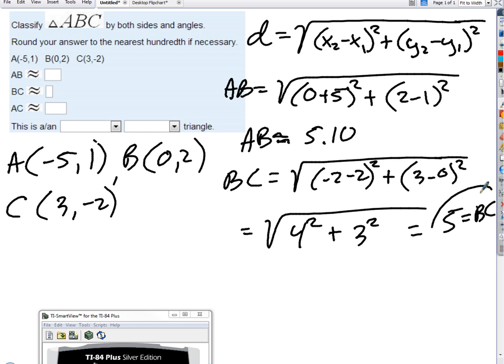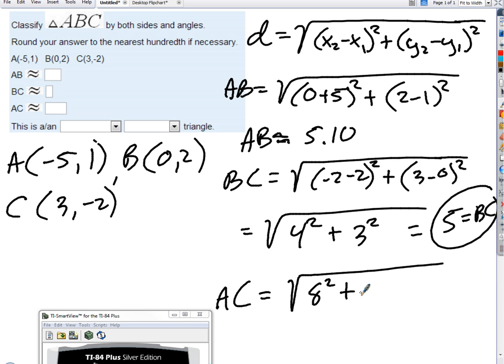And then how about AC? So AC looks like it's going to be 3 minus negative 5, so that's 8. Agreed? 8 squared plus negative 2 minus 1 is what? Negative 3? So I'll square positive 3. Okay?